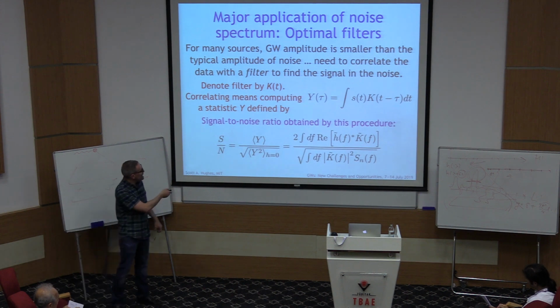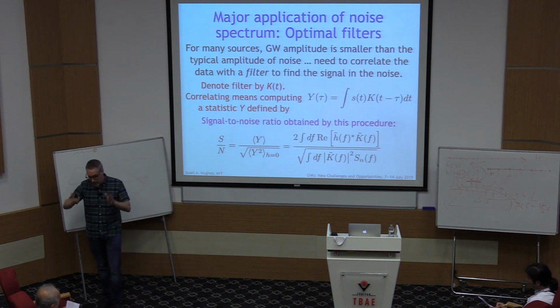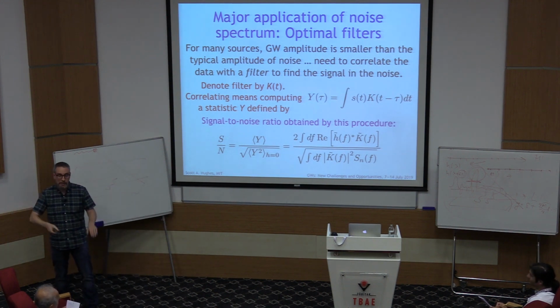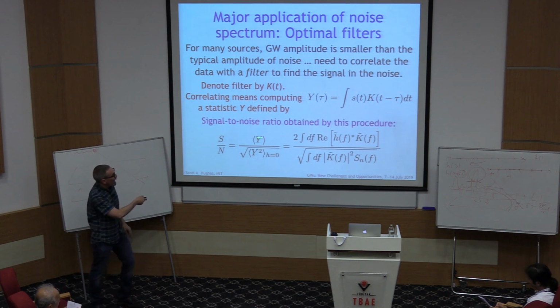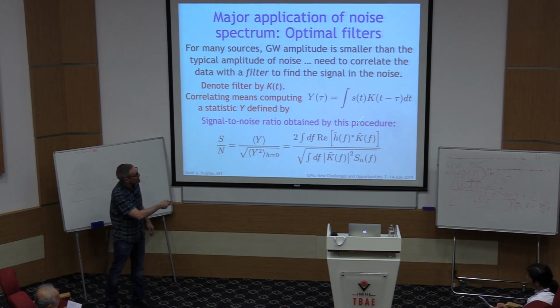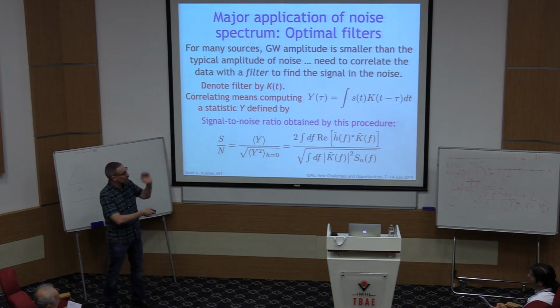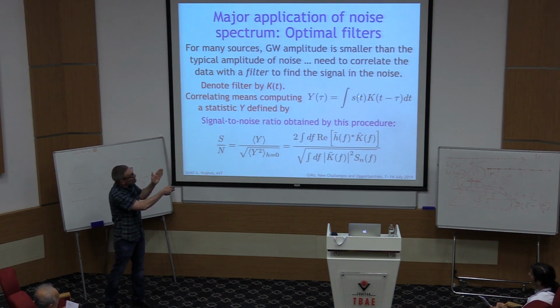The signal is essentially given by taking the average of this thing, and remember, I'm assuming that my noise has zero average, so the noise goes away. S, I can think of as, let's say there's a gravitational wave present: it's the gravitational wave signal H plus a noise. When I take the average, the noise goes away.